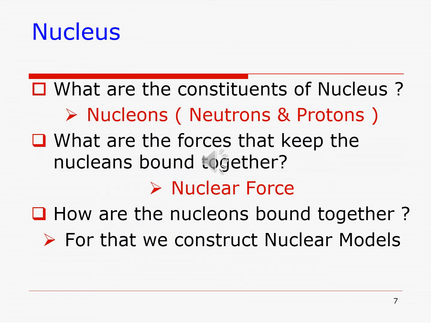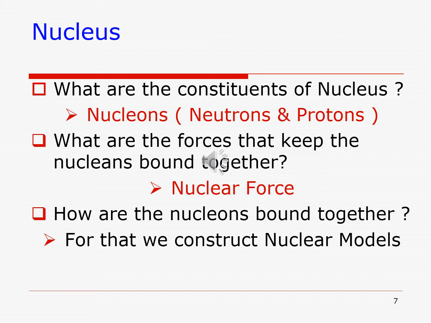As we move on from atomic to nuclear physics, there appear some very fundamental questions. Number one, what are the constituents of a nucleus? The general answer is nucleons, that is the neutrons and the protons. This is the generic name, because inside a nucleus we cannot distinguish between a neutron and a proton.